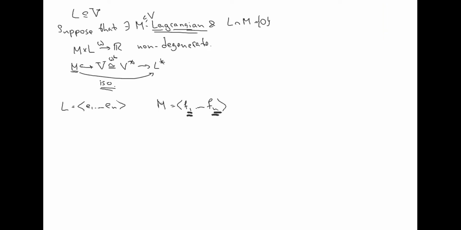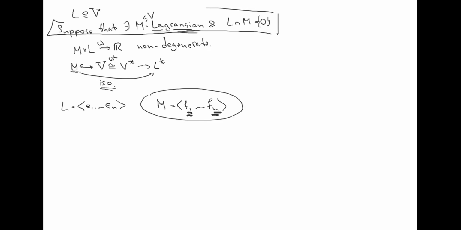If I suppose that there exists such a Lagrangian subspace transversal to L, then there is no need to check anything actually, because orthogonality of the Fi's is trivial since M is Lagrangian. They are orthogonal to each other. So the only thing I have to check is that there exists a Lagrangian subspace which is transversal to L here.